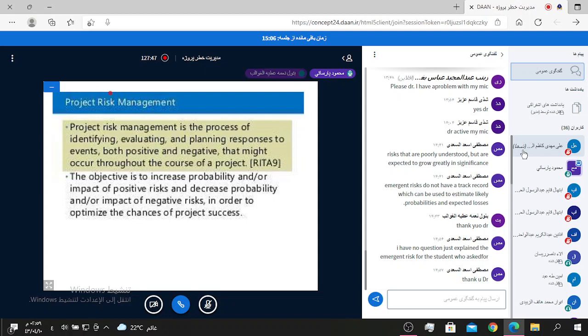Positive risks have some positive effect on the objectives of the project, and negative risks have some negative effects on the project, but basically they are not different inherently. I will discuss this in the next part, in the step of identifying the risk, that is the second step of risk management. Thank you, doctor.